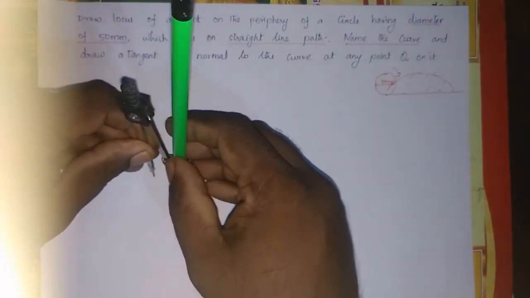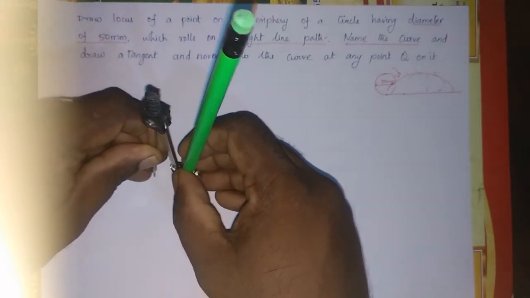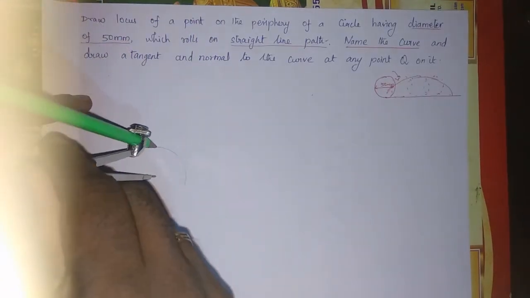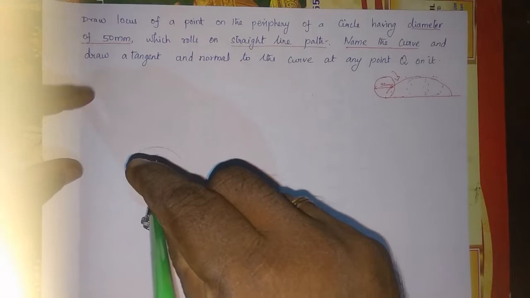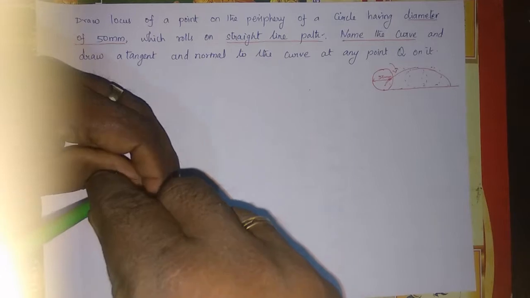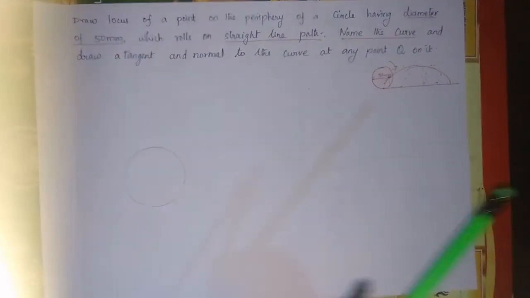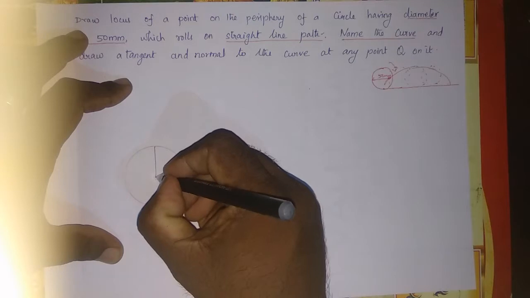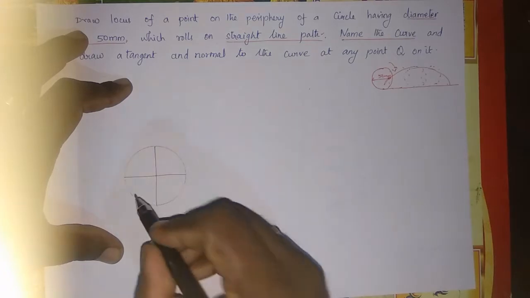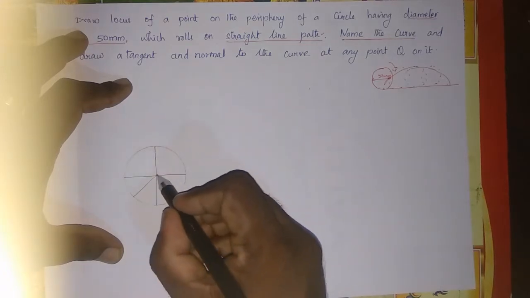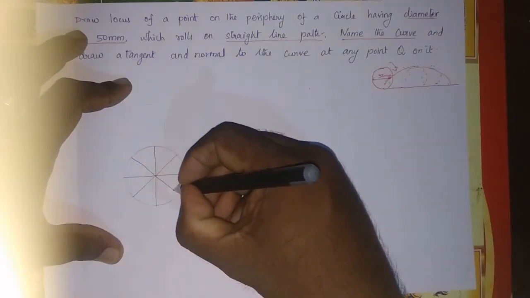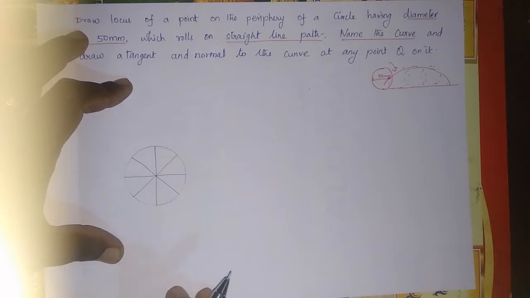Divide the circle into 8 equal parts, which means divisions of 45 degrees each.